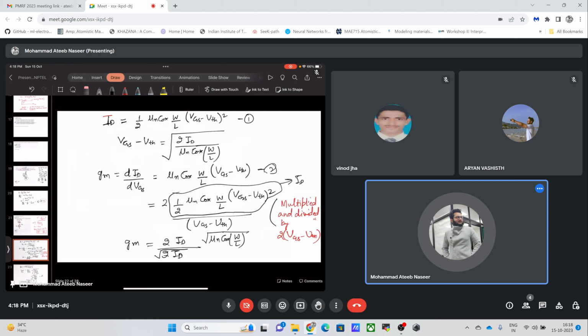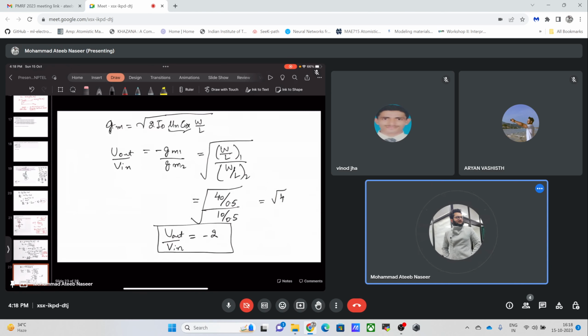So we came up with the expression gm is equal to the square root of 2 times ID mu n Cox W by L. Then we simply said that the ratio will be the square root of gm1 by gm2. So the gain came out to be equal to minus 2.